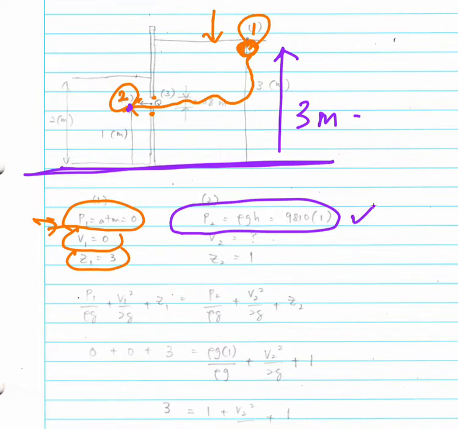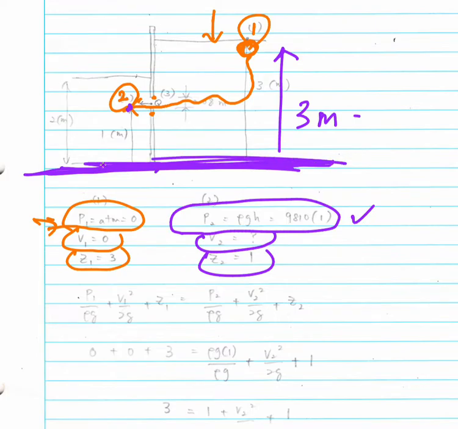And then the velocity V2 here is unknown, so we need to determine the value of the velocity, and Z2 here is equal to 1 based on the datum. So please make sure that the same datum is used for point 1 and point number 2. So this is my datum in this calculation.